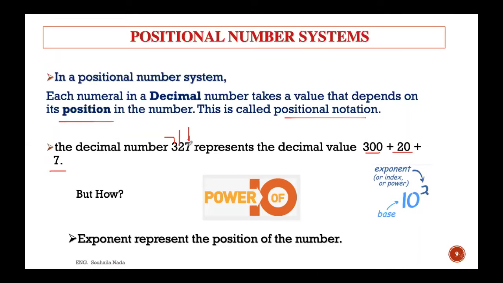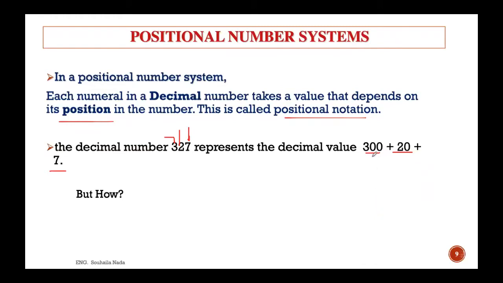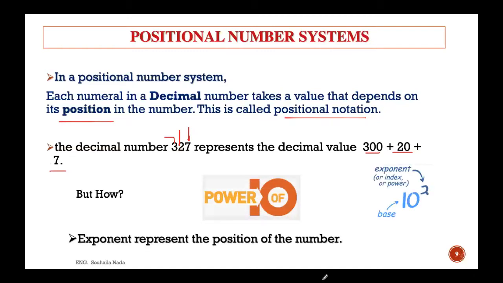Okay, because we said that the decimal system consists of 10 symbols. So we use powers of 10, and we'll see now how to use them to reach 327. You see here, this is the 10, which is called the base, and here is the exponent. The exponent represents the position of the number.